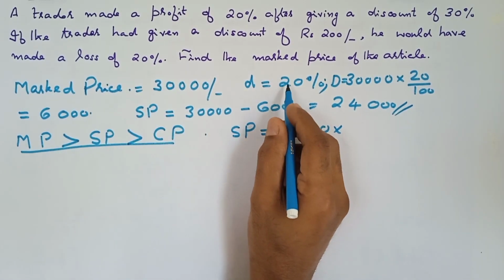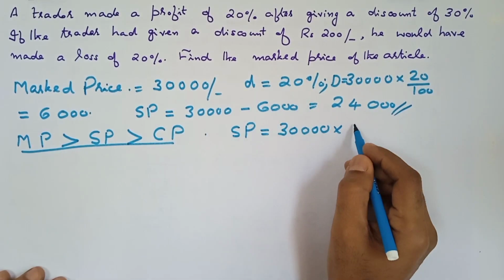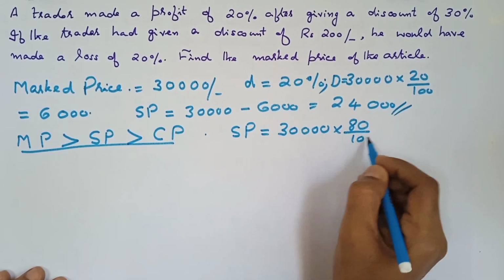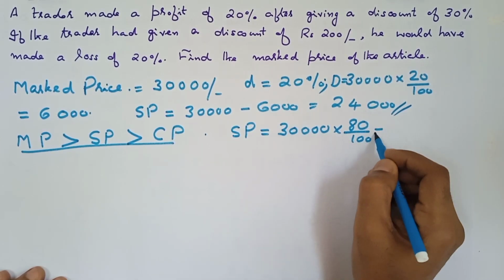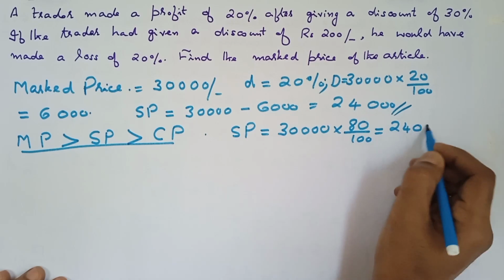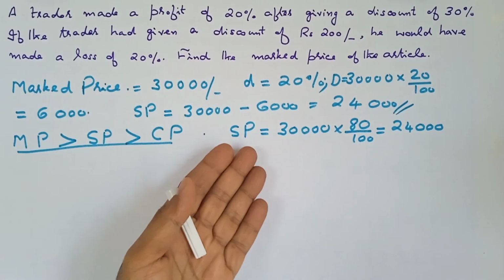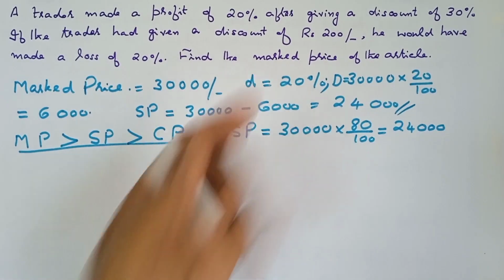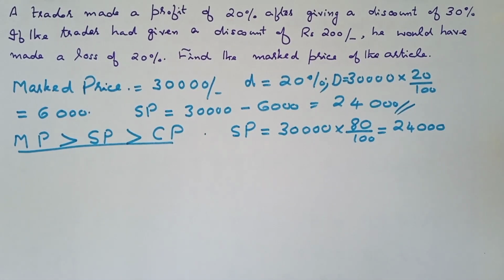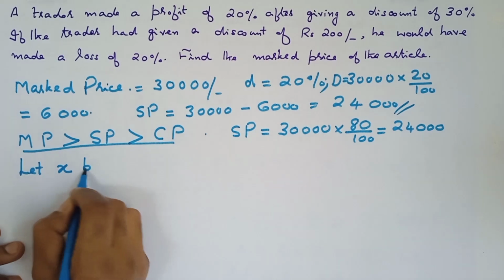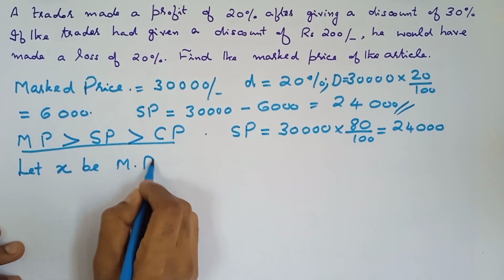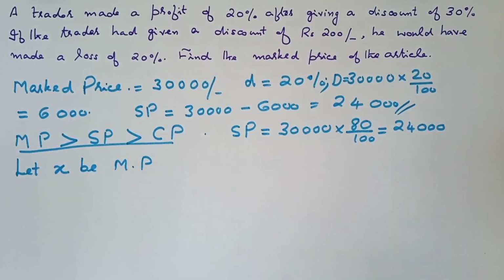For that, what do you do? 20% is the discount, means you take 80% of the marked price. That will directly give you 24,000 rupees. This is a direct way of calculating selling price using the discount percentage. Let X be the marked price of the product in this case.